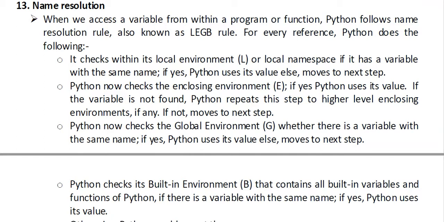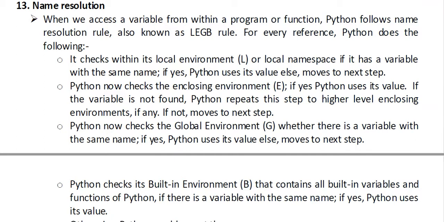If it is not found anywhere, in LEGB, if no environment contains that variable x, then only you will get an error. Otherwise, it will try to find it from somewhere and print the value. Okay. So this is the rule of name resolution.